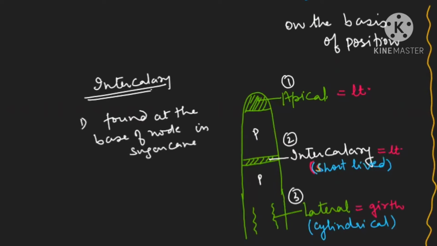Then it is also found in the sporophyte of Anthoceros. If you remember the plant kingdom, in the bryophyte class Anthocerotopsida, its sporophyte is divided into foot, intercalary meristem, and capsule. So intercalary meristem is present there also.